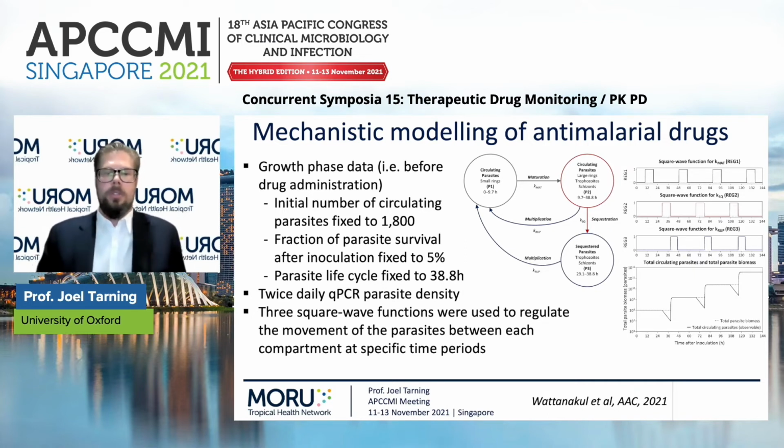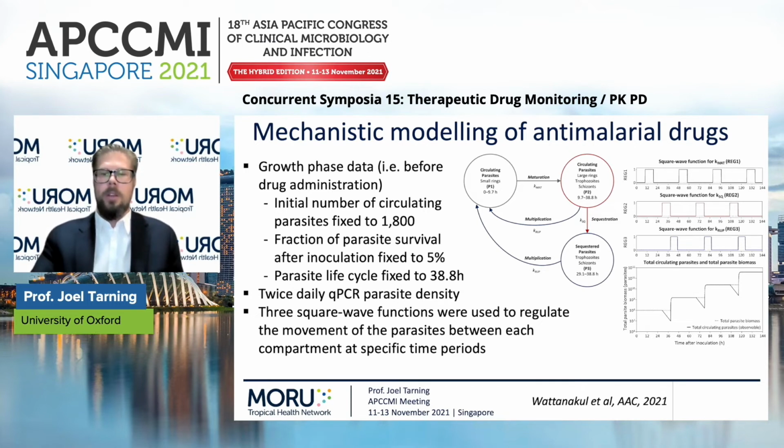And we applied 3 square wave mathematical functions to regulate the movement of parasites between each compartment at specific time periods to keep this mechanistic structure of the parasite model. So these 3 square wave functions that we applied give us this kind of shape of the parasite growth. You have total parasite biomass on the y-axis versus time after inoculation.